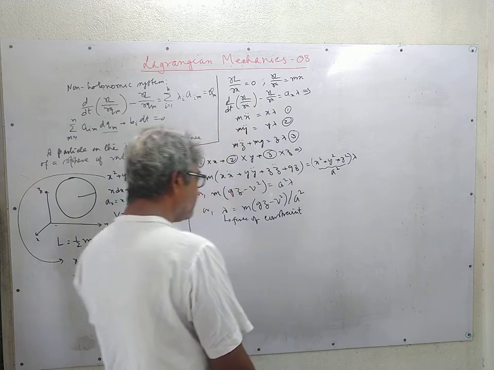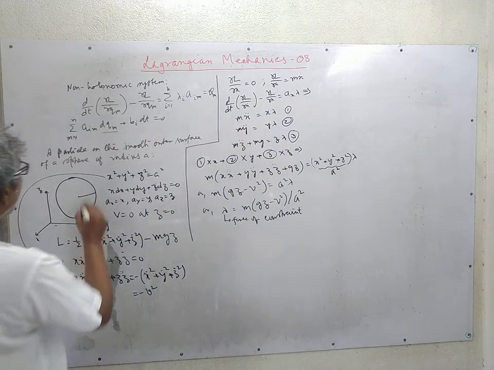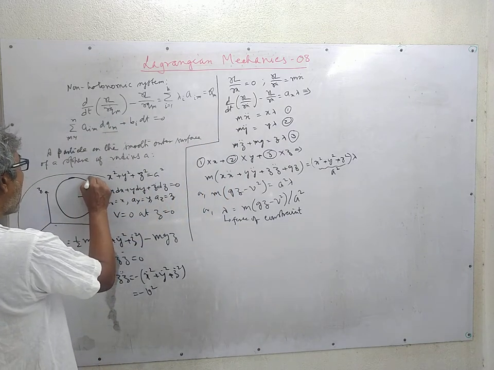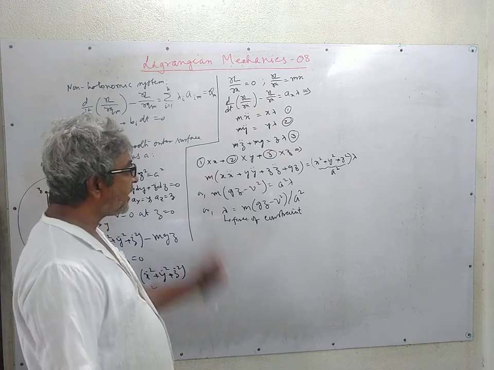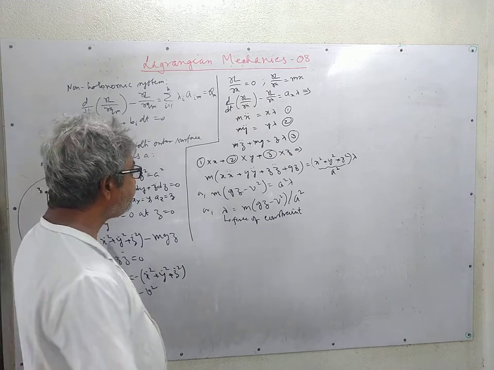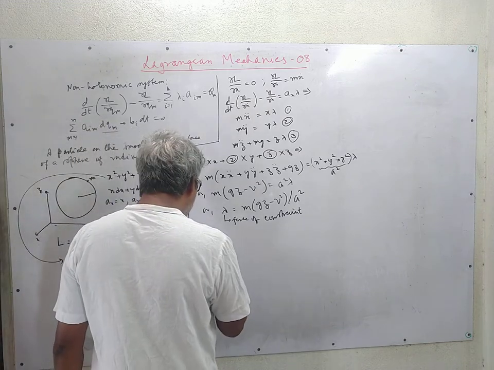This is the force of constraint. The particle of mass m remains attached to the outer surface of the sphere so long as lambda is greater than 0.